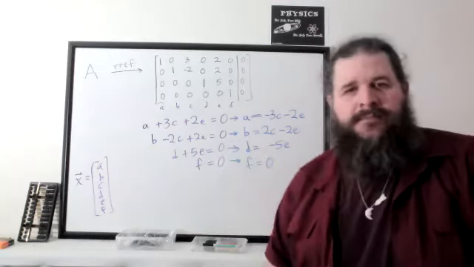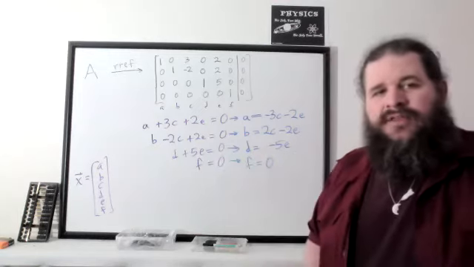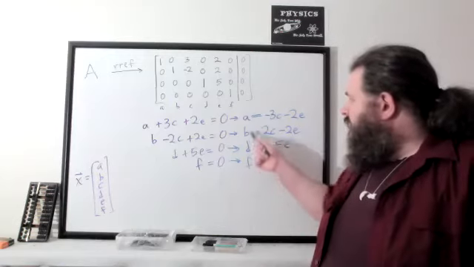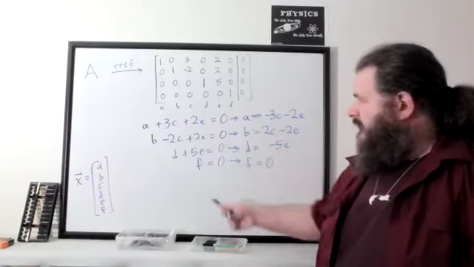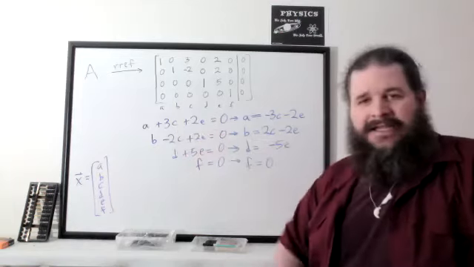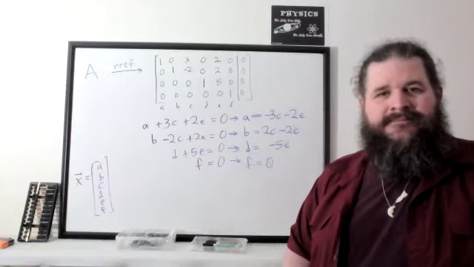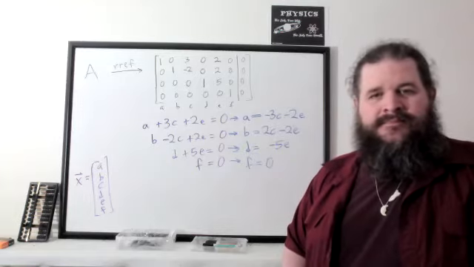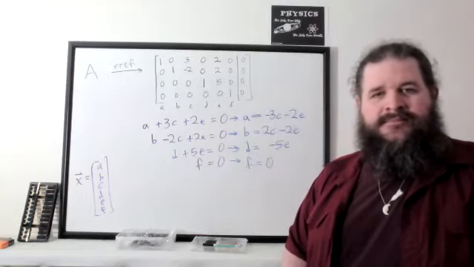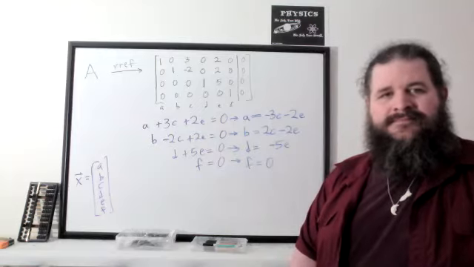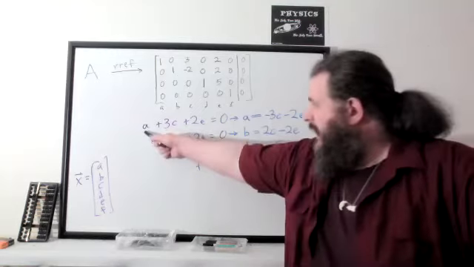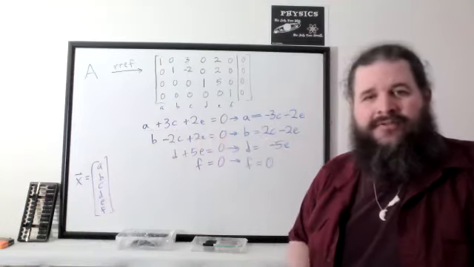It's already isolated. So why is it that those were the easiest to solve for? Why was it easiest to solve for A and B and D instead of, for instance, solving for C or solving for E? What's special about variable A in this equation that made it easy to solve for?